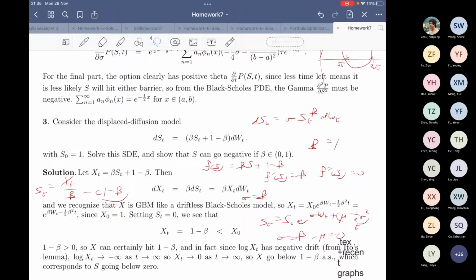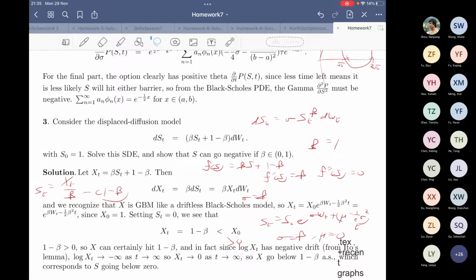So this is below x0, which is 1 by assumption. It's also greater than 0 because beta is in 0, 1. So we've got a number here which is below x0 but is above 0.